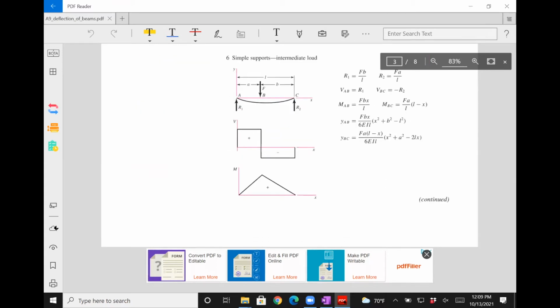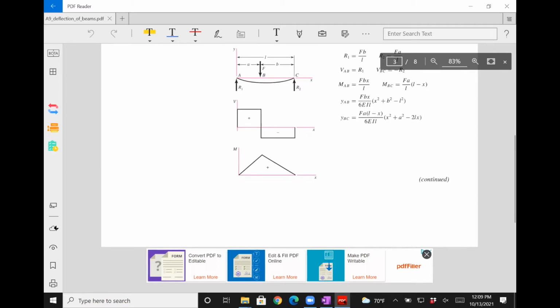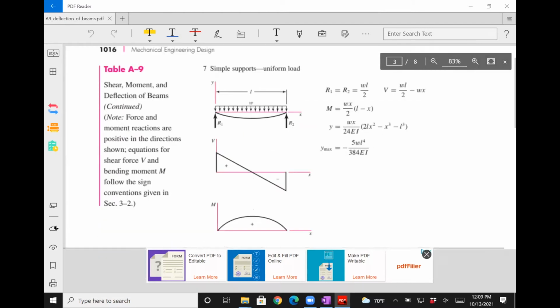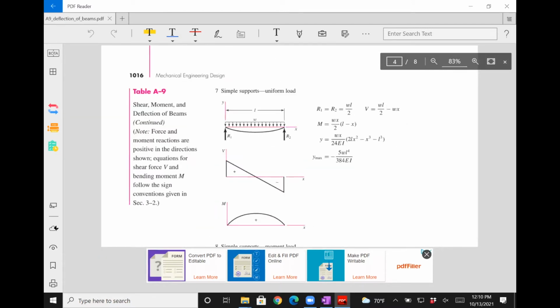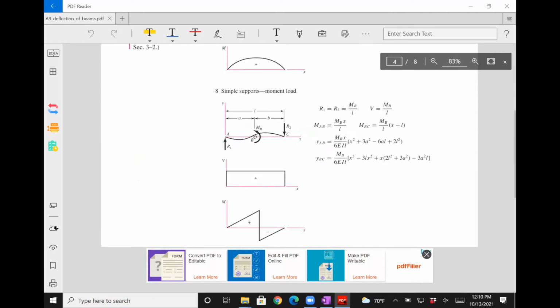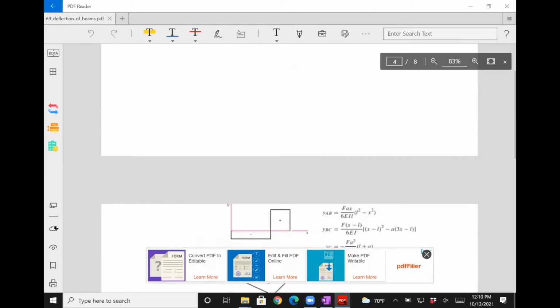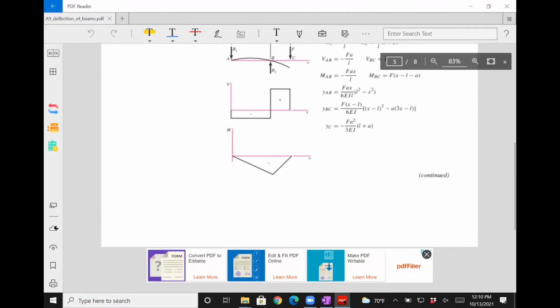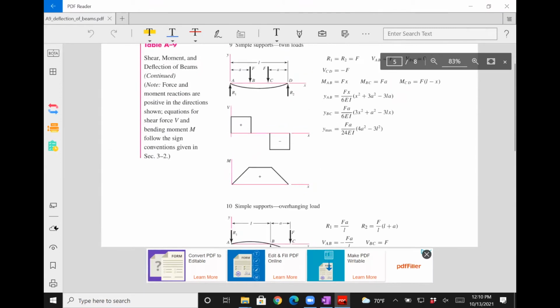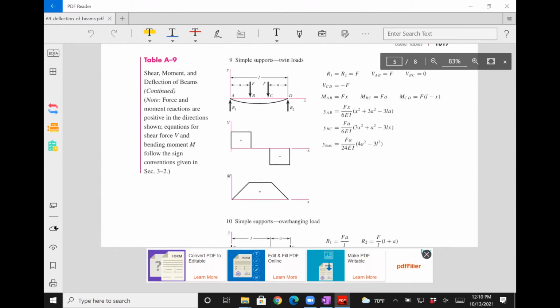Force is not midway. It's somewhere between A and C, which are the ends of the beam. Then we have uniform load, moment load. Okay, that's about it, I think. Oh no, there's another one. A few more, sorry, we are on page 5. Okay, 2 loads and so on.